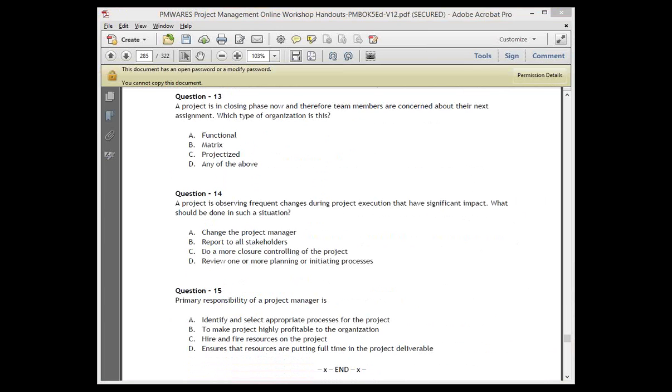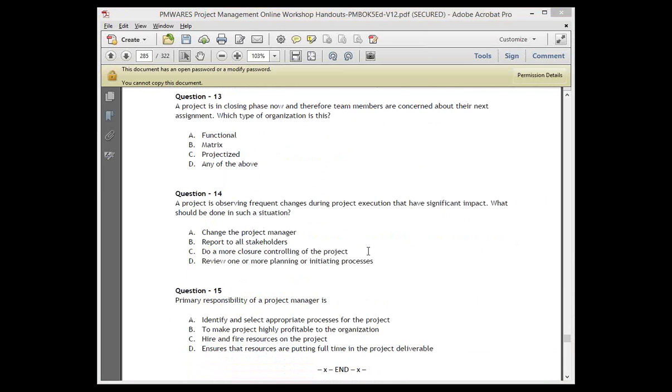Yeah, team members are concerned about their next assignment. It means it's a projectized organization. Correct. What about 14? D, very good. One C, other D, okay. So it will be a D answer.